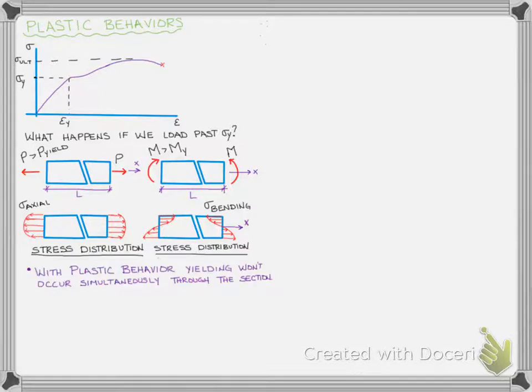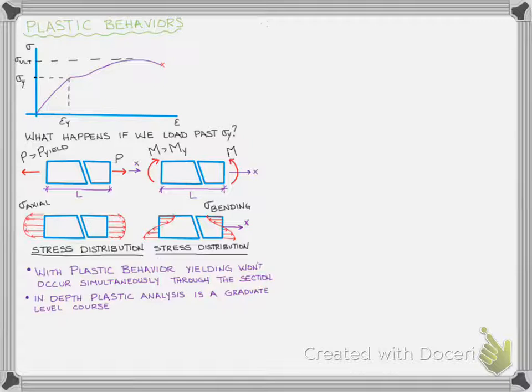Further, it's important to note that with plastic behavior, the yielding doesn't necessarily occur simultaneously through the whole cross-section at the same time. So you'll have some portion of the material that's still behaving elastically, and then other portions that are now behaving plastically.